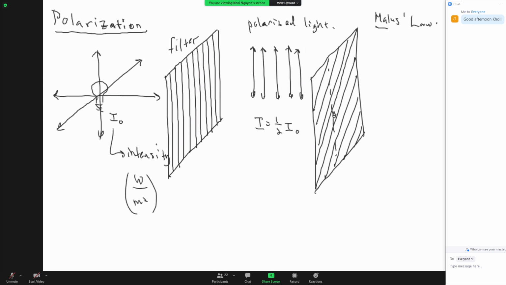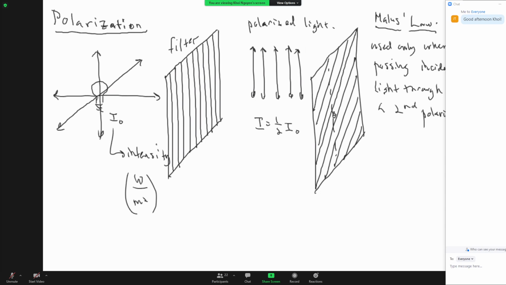Now, Malus's law, remember, is used only when passing incident light, which is the original I naught that I have, through a second polarizer.